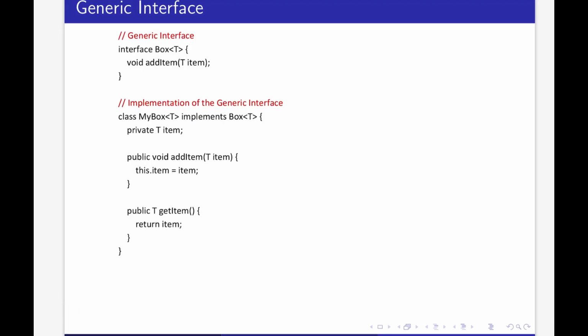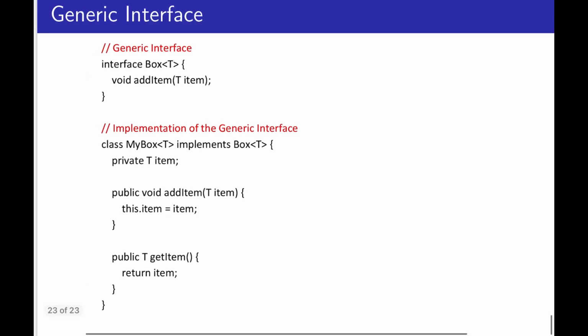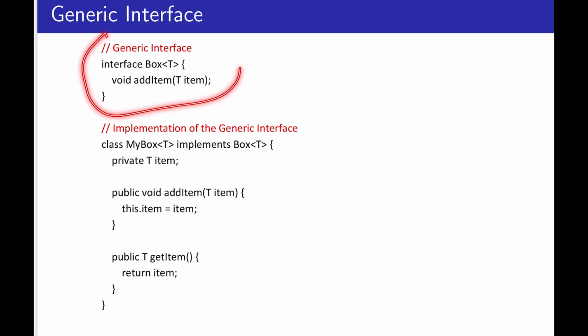So earlier we have discussed generic methods and generic classes. Similar to generic methods and generic classes, we can also write a generic interface. So consider this example. Here we have written one interface of generic type. Box is an interface, and it has one method, that is addItem.